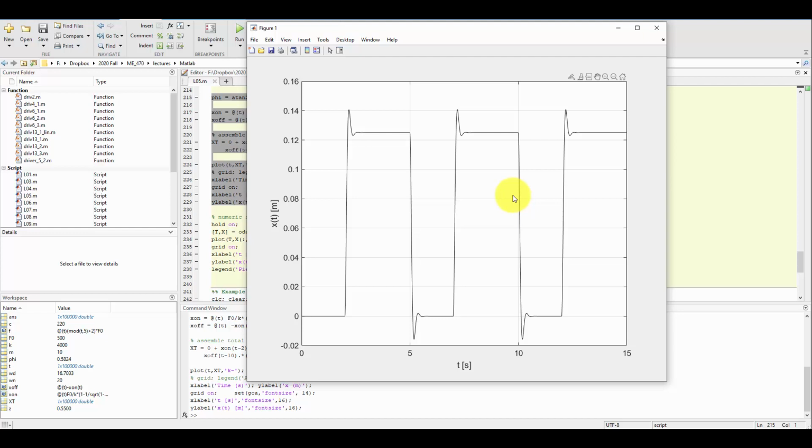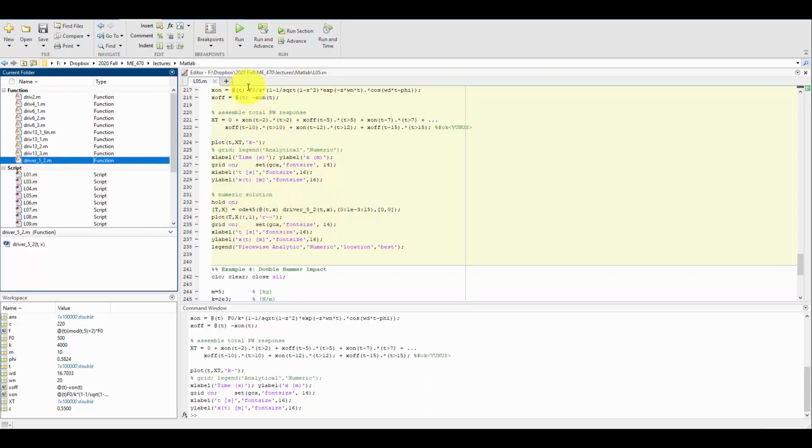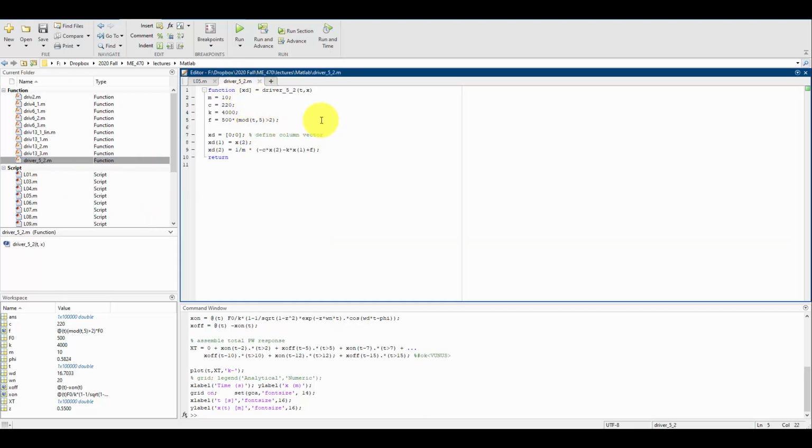If we can solve it multiple ways, it's sometimes a good idea so that we can be confident in the answer that we're getting. So for comparison, I am going to run my ODE45 version of my solution. This is exactly the same as I did the first time I solved this. So that driver 5.2, just as a refresher, is my state space model for this.